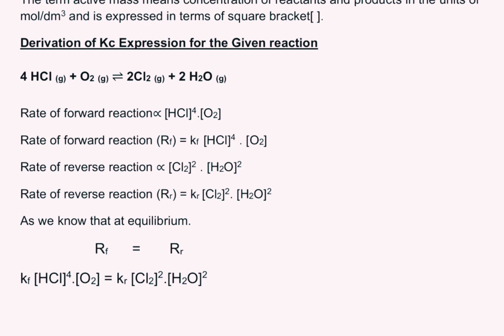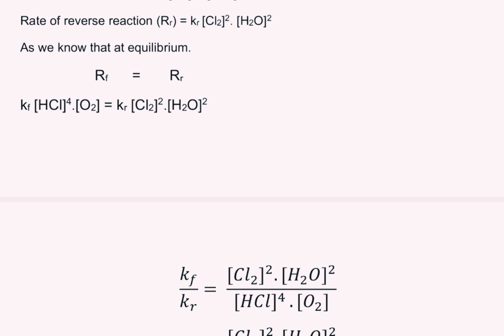So you just need to equate both of them, taking the values from the previous equations. And Kf divided by Kr: we know that if you switch something across the equal sign, the numerator converts into the denominator and the denominator into the numerator, and plus into minus and minus into plus, but one action at one time.